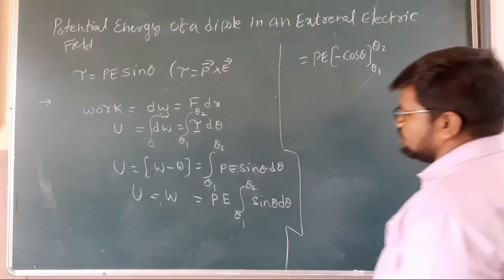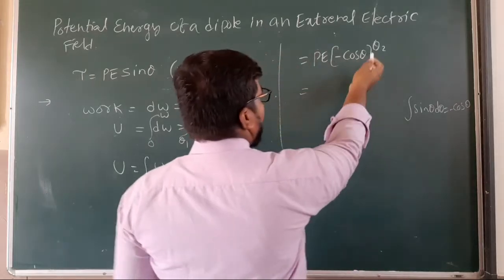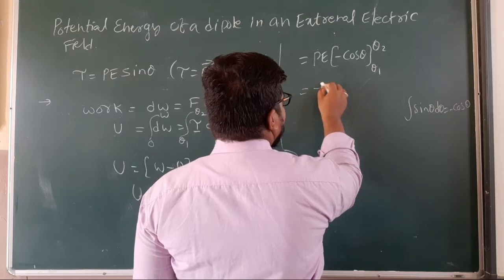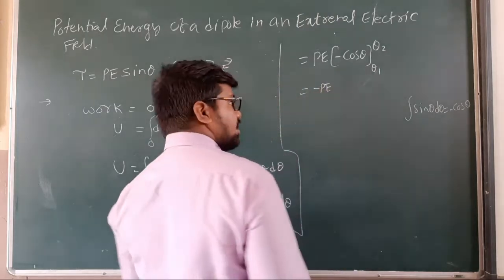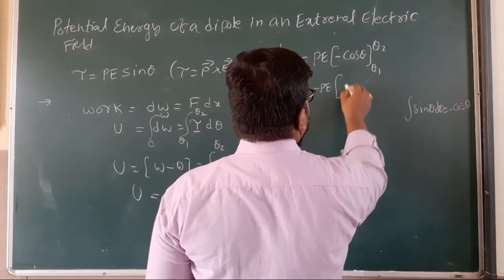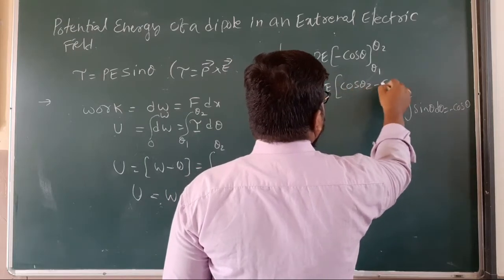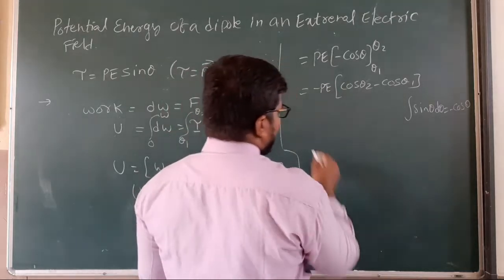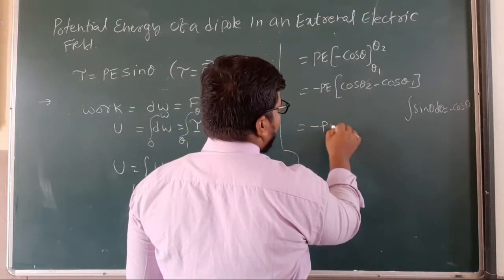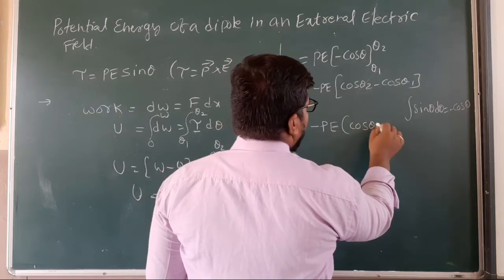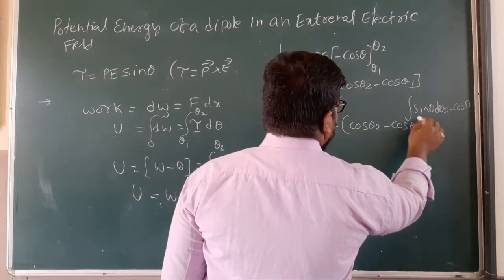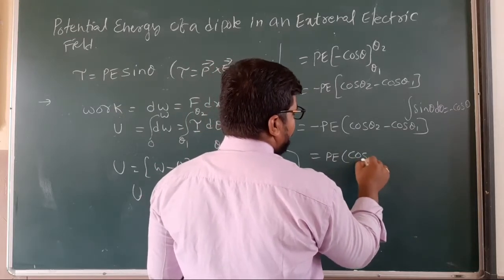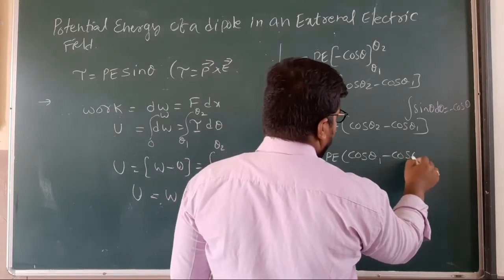Now we apply the limits. Taking out the minus, we get minus P E times cos theta 2 minus cos theta 1. Finally, we get P E times cos theta 1 minus cos theta 2 after rearranging.